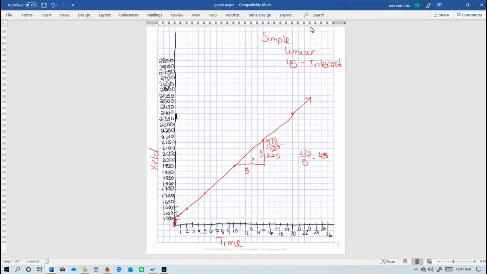Exponential is not the same because remember, we don't always have the same amount of interest. We're always compounding because what we do is we take our principal, we add the interest we've already earned to the principal, and then we do the interest again off of that new amount. So the amount that we're collecting the interest from is always changing, whereas it doesn't do that with simple.